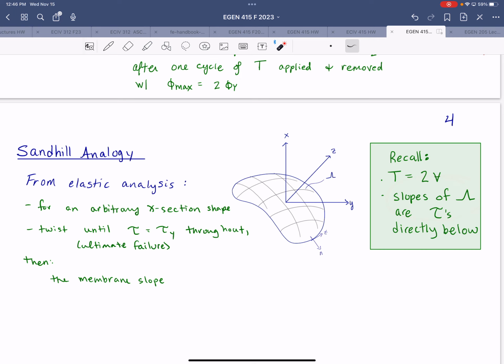So the slope of the membrane at ultimate failure will be equal to the yield stress at every single point.